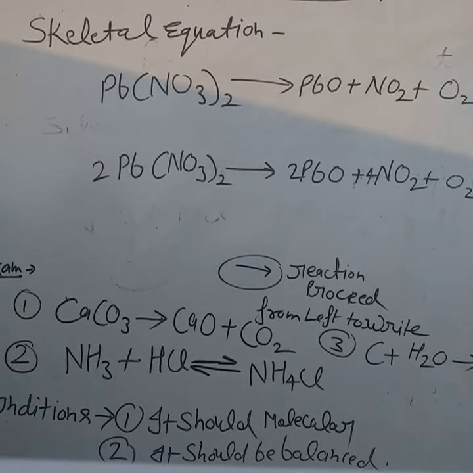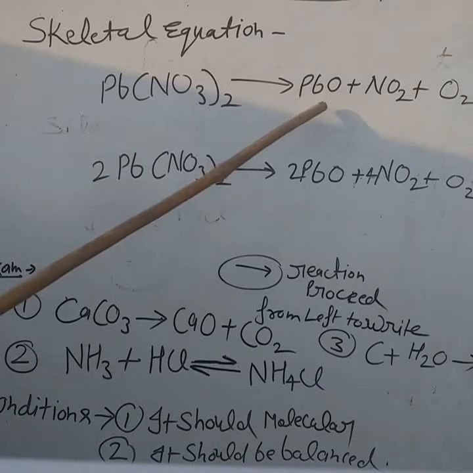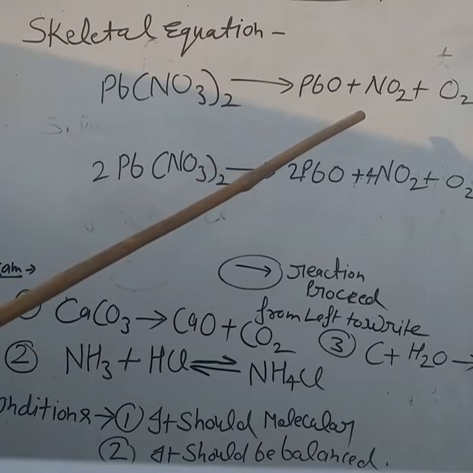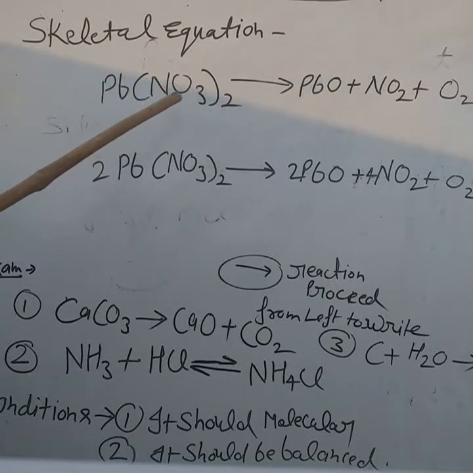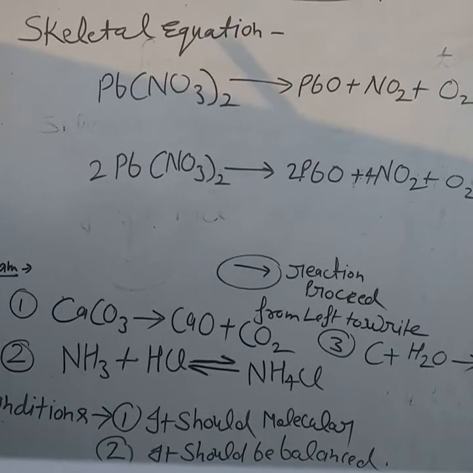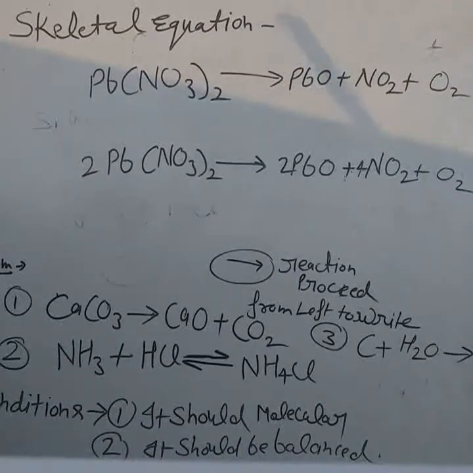If the chemical equation involves the formulas of reactants and products without the atoms of various elements being balanced on the two sides, in an easy way, if the reactants and products are not balanced, the equation is called a skeletal equation. So in these reactions, reactants and products are not balanced. These equations are called skeletal equations.